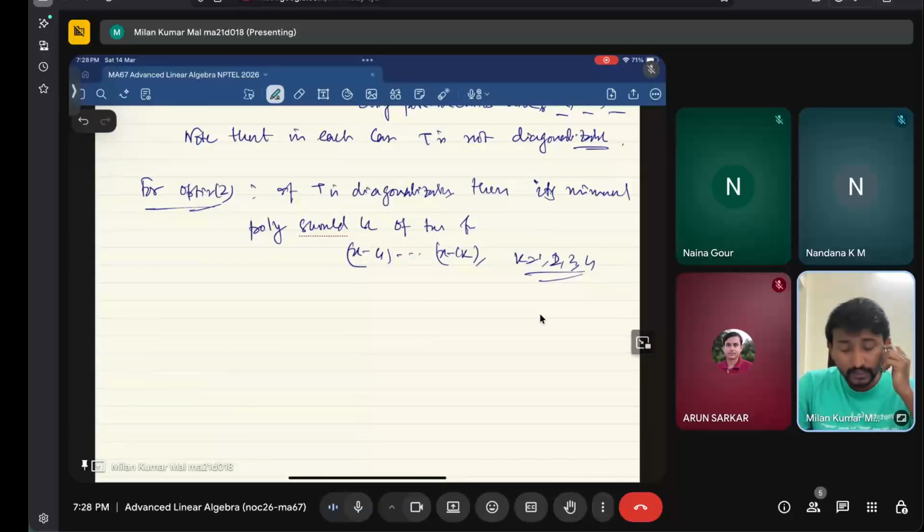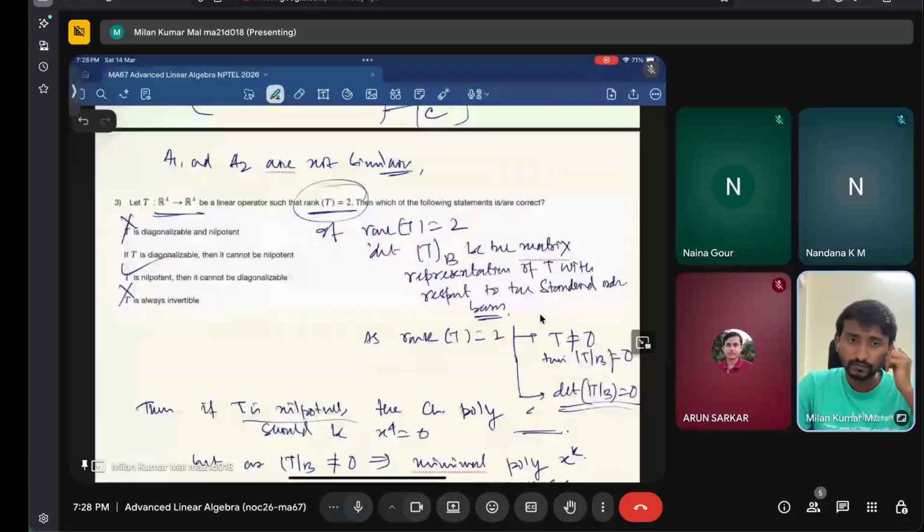What are the options? This option: T is diagonalizable, then it cannot be nilpotent. That's clear. If T is diagonalizable, then the minimal polynomial will look like this.